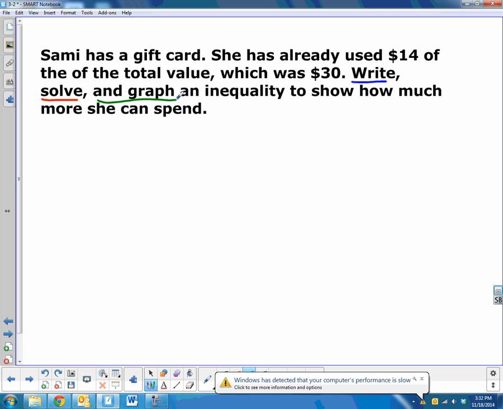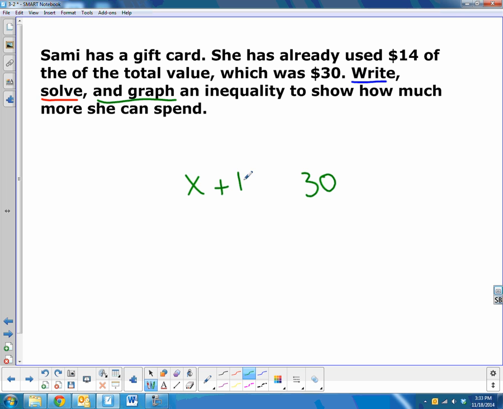So let's see, we don't know how much more she can spend, x. We know that the total value is 30. So $14 she's already spent, plus some amount that we don't know, has to be $30. So some amount plus 14 has to be $30.